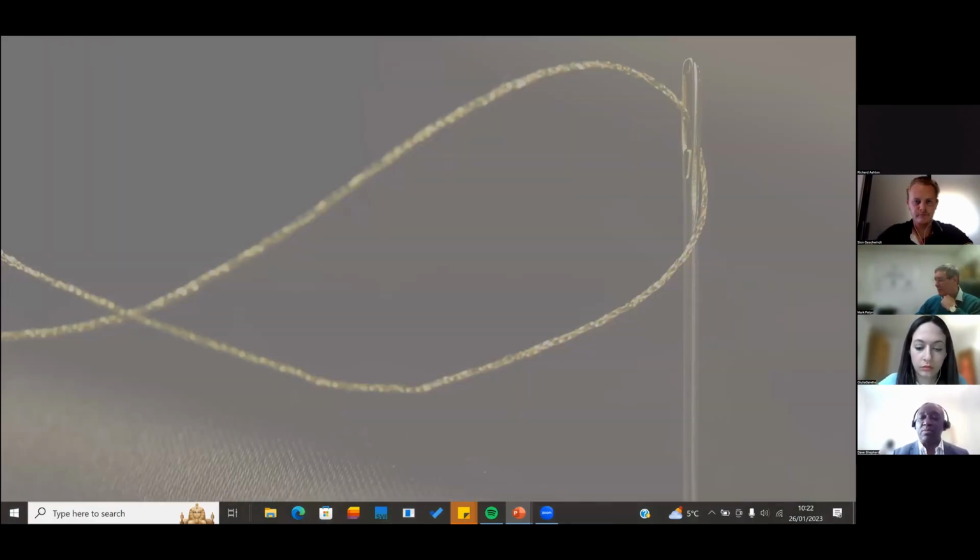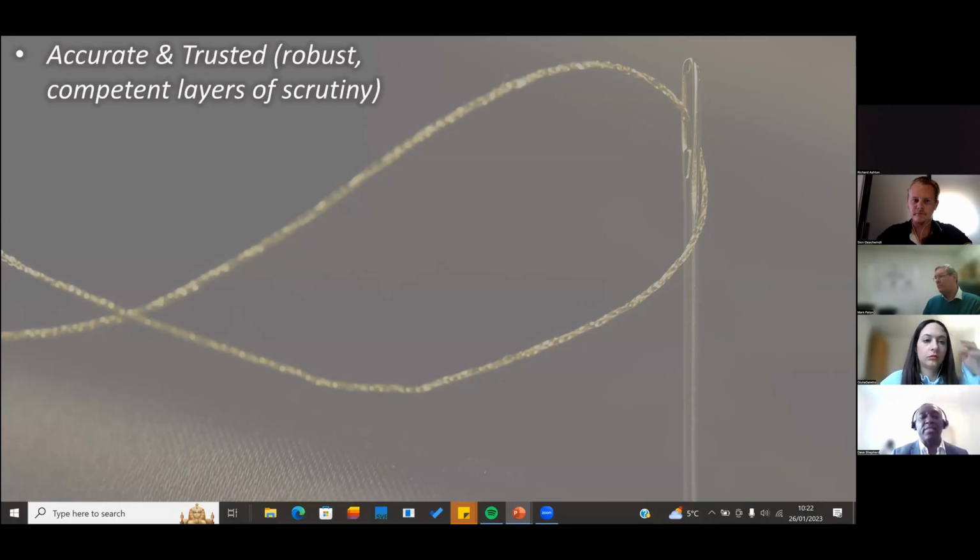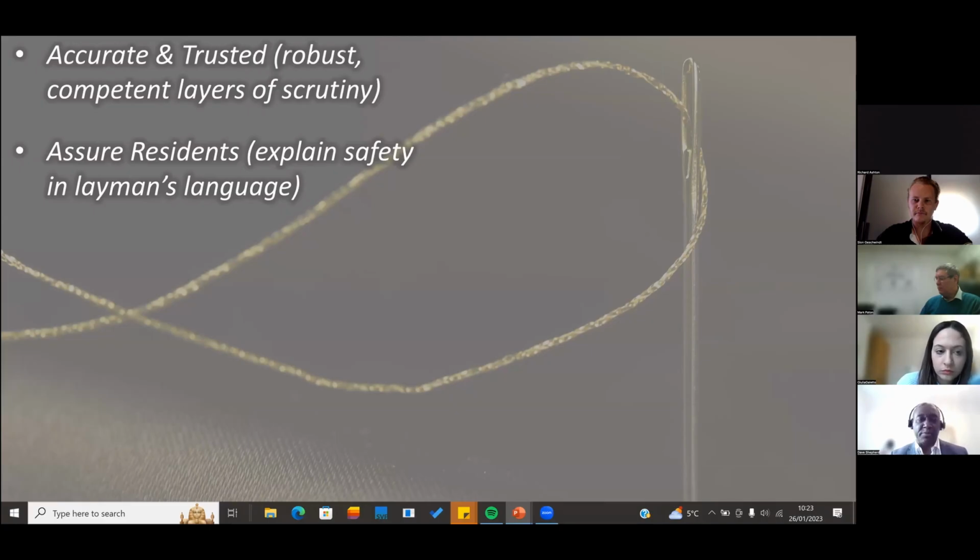I guess the key thing that I want to highlight are some of the 10 points that we all know, but I'm trying to put them in layman's language. So one of the first ones is accurate and trusted, which means that we have robust and competent layers of scrutiny. We also need to be able to assure residents, which means that we have to explain safety in layman's language.